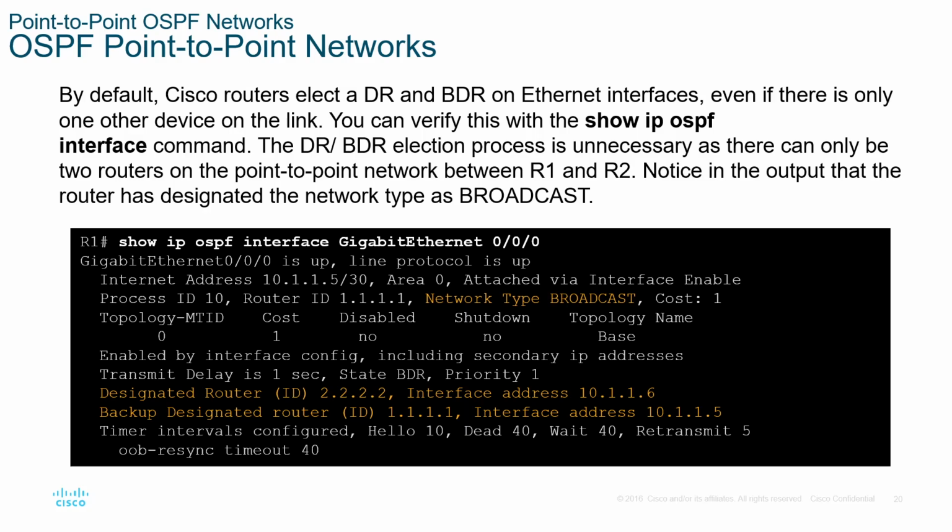For EIGRP, if it's a slow link, T1 or slower, that means 1.544 megabits per second or slower, the timers are extremely high: 60, 180. 60 for hello, 180 for hold, because we don't call it dead for EIGRP, we call it hold timer. And for the high speed links, more than T1, for EIGRP it's 5 and 15. Is that clear?